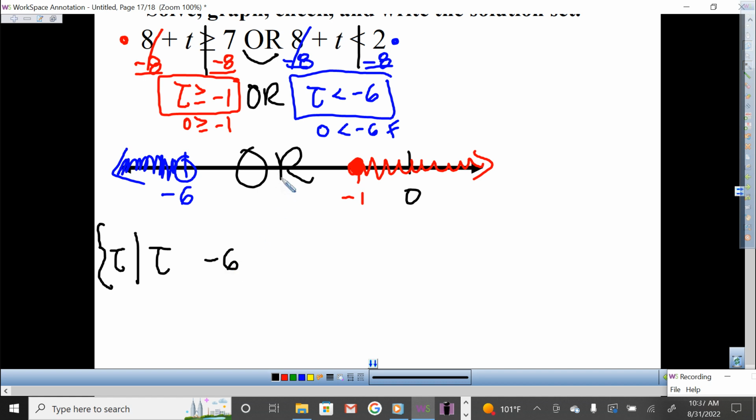Next, what do I have next? Or. Next, what's next? The dividing point, negative 1. What does this represent? t. All right, so now all I need is arrows. To the left, to the left. Which one is a solid point? This one, so this one has the equal sign. Copy that, please.